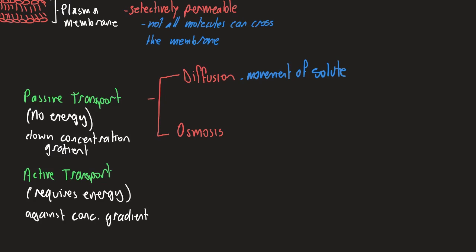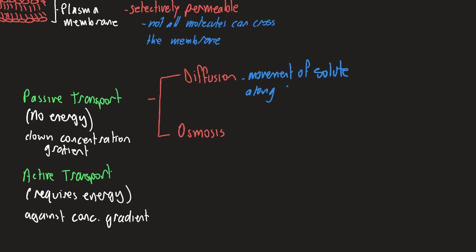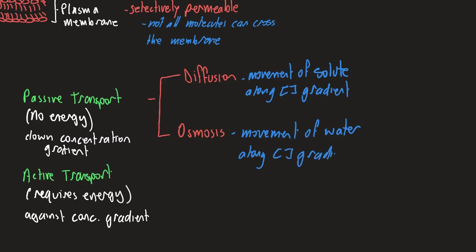So it's the solute that moves, and it goes along or down the concentration gradient. Osmosis is the movement of the solvent, or movement of water. Again, there's a concentration gradient, but it's a gradient of water. We're going to look at these two in more detail now.